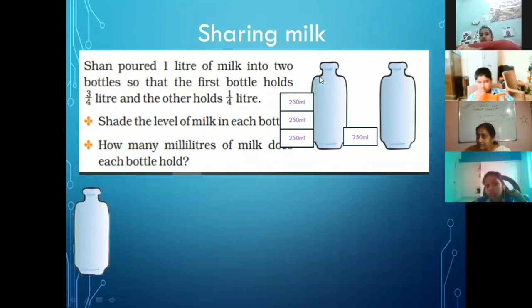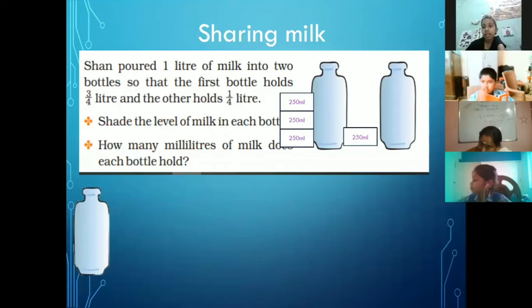In the first bottle, how much milk does it have? How many milliliters is the bottle having? 3 by 4 means we have to add 250 plus 250 plus 250. 750 ml. Very good.